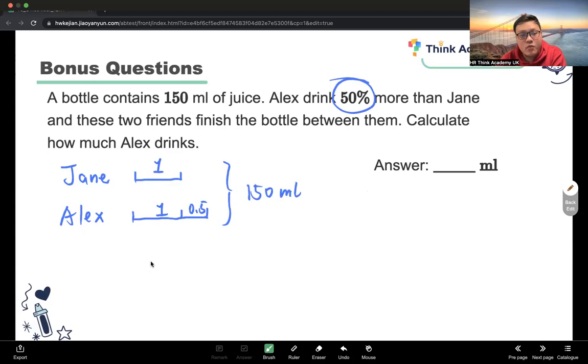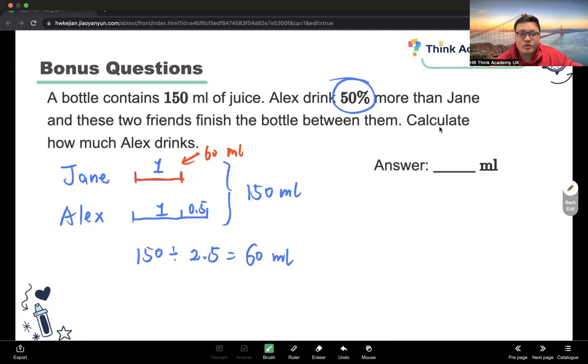So what's going to be one part represent? You have to use 150 divided by the total parts you have, which is 2.5. And that gives you what number, guys? That gives you 60 milliliters. Okay. And that 60 means for this unit line segment, that will be 60 milliliters.